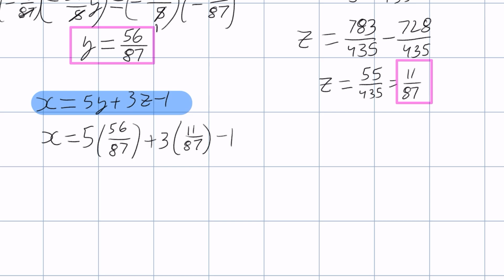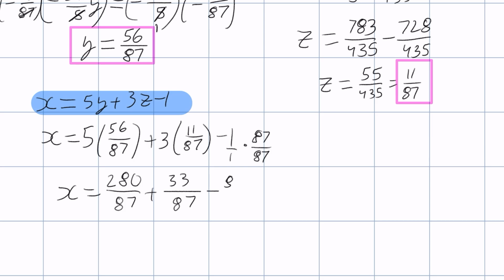Now, right now, before I do anything else, I know that this needs to be converted to 87ths because this is an 87th and this is an 87th. So I'm going to do that real quick along with this first step. So this is going to become 1 over 1 times 87 over 87. 5 times 56 will give me 280 over 87 plus 33, 3 times 11, over 87 minus 87 over 87.